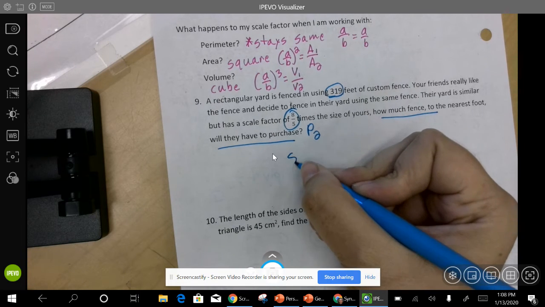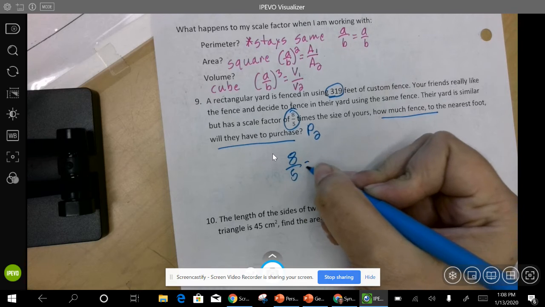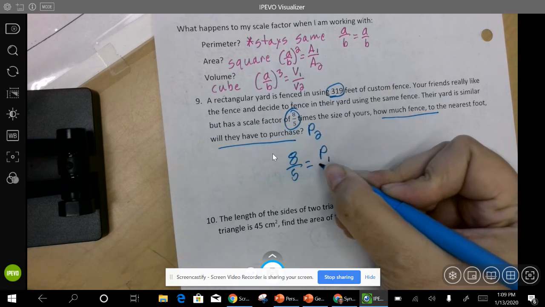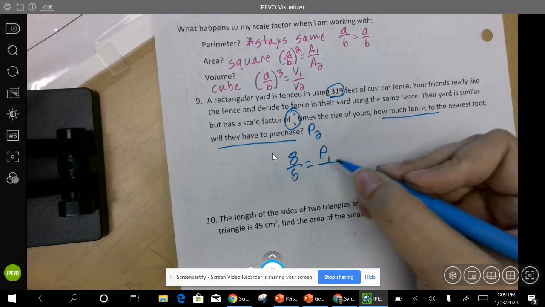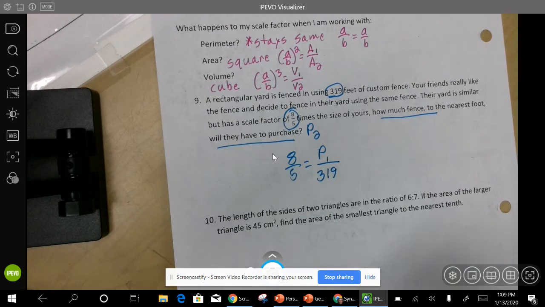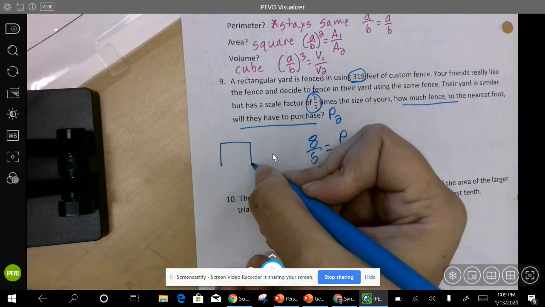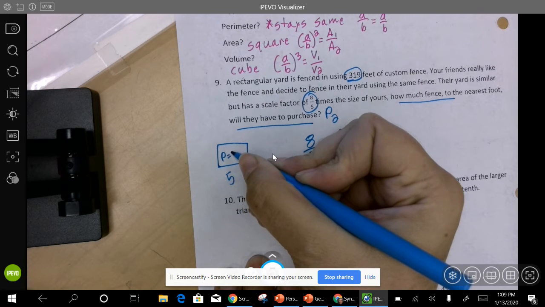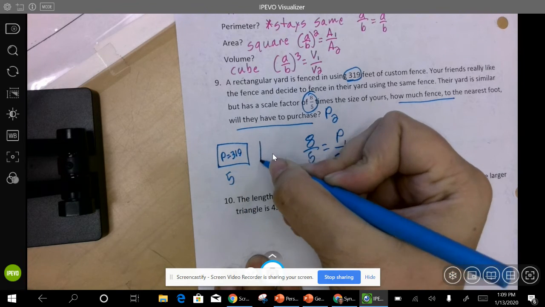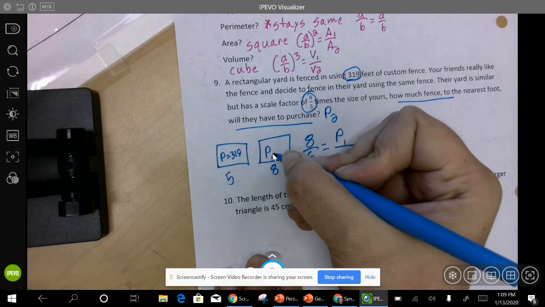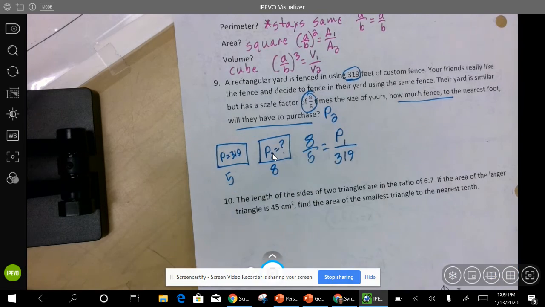So their fence is bigger. So we're looking for the perimeter of theirs. Okay, the perimeter of yours. This is yours. This is your friend's. Okay, so we're going to cross multiply and divide.